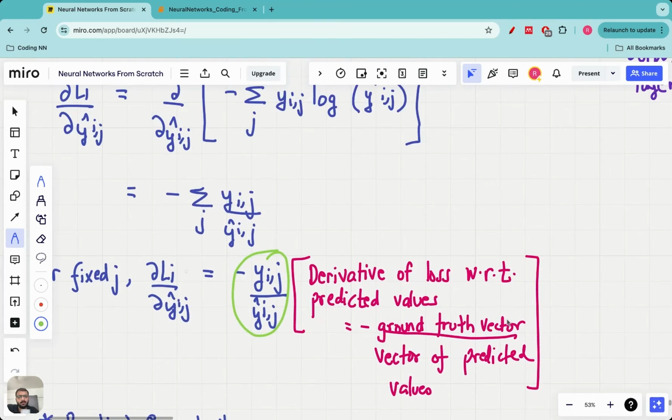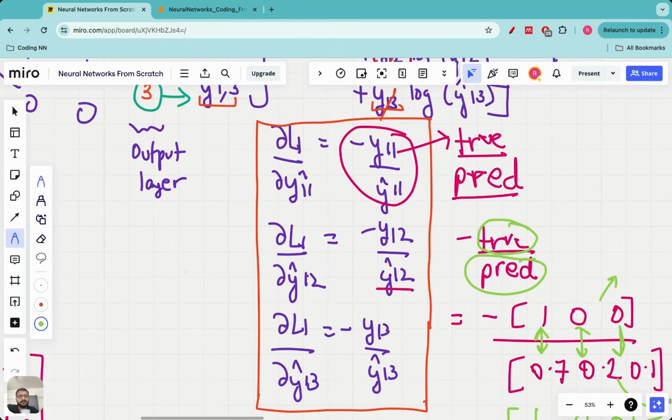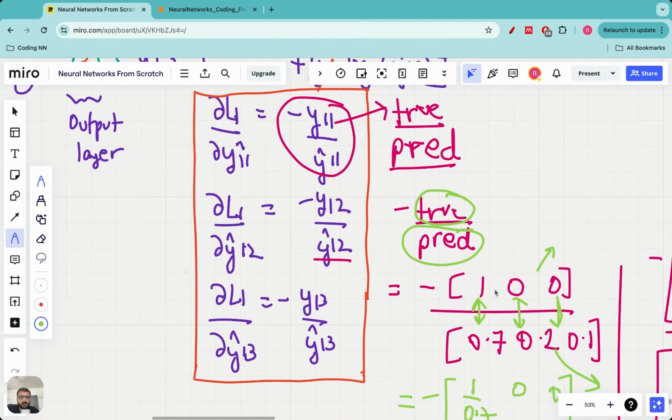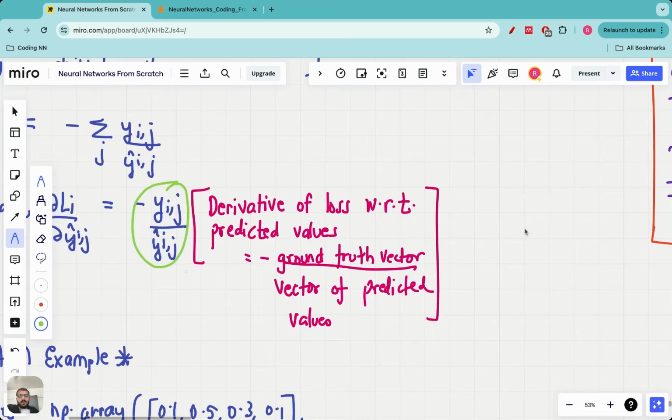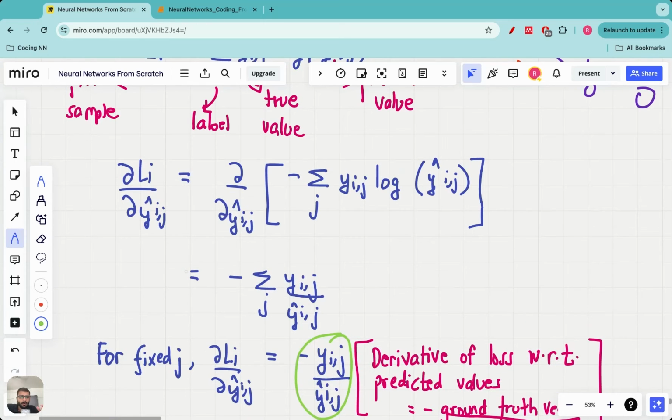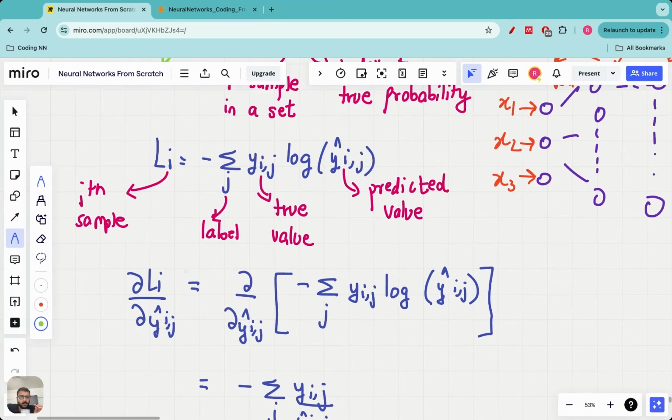This is exactly what we did. We take the ground truth vector, which in this case was 1 0 0, we take the negative of it, and then we divide it by the vector of the predicted values. So this was the mathematical representation of what I just showed you on the whiteboard.